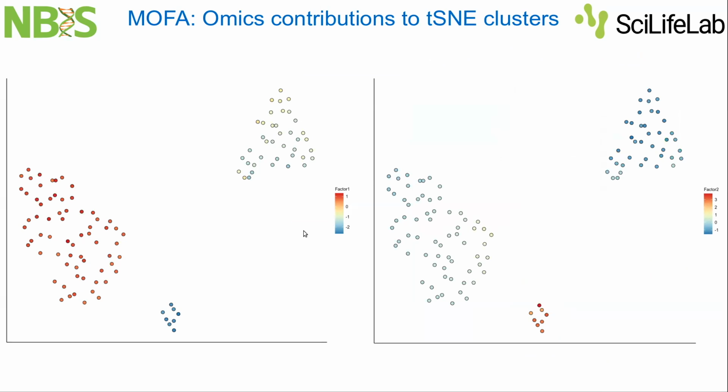You can create this interesting color map and show that maybe one cluster is driven by two omics only, but not all three of them, and the third one is contributing to another cluster. I'm not sure that it's very accurate, but it's an interesting way to think about the clusters. Maybe not all omics are contributing equally, but maybe there are some major contributions and minor contributions. So MOFA provides this kind of interpretation.